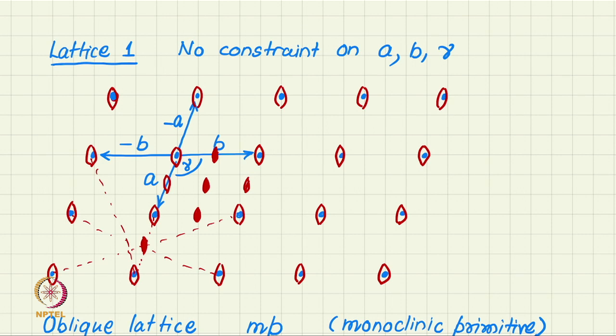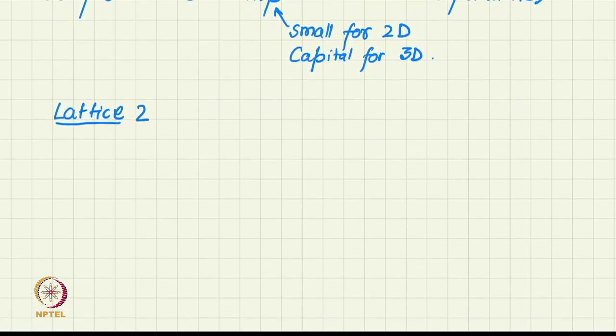So, we were trying to create a lattice with point group 1 with no symmetry, but we saw that that is not possible. By default we have this twofold symmetry. So, we call that oblique lattice.